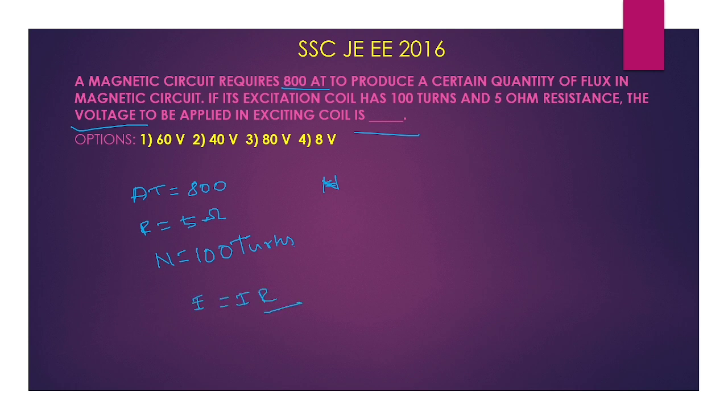We have the value of R, that is 5 ohm. We just need to find the value of I, the current. From the given, Ni is equal to 800 ampere turns. So I is equal to 800 by N.